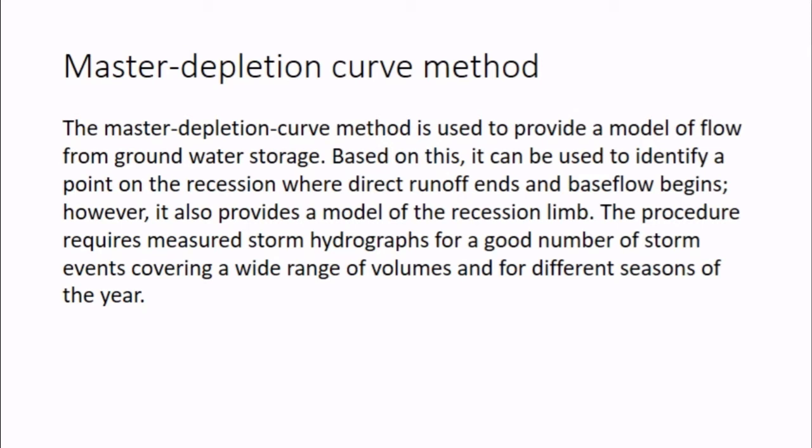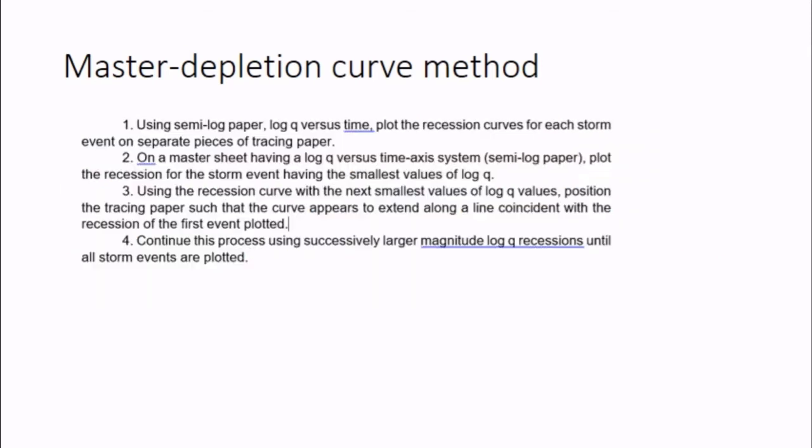However, it also provides a model of the recession limb. The procedure requires measured storm hydrographs for a good number of storm events covering a wide range of volumes and for different seasons of the year. So, gumagamit siya ng past data ng mga storm.